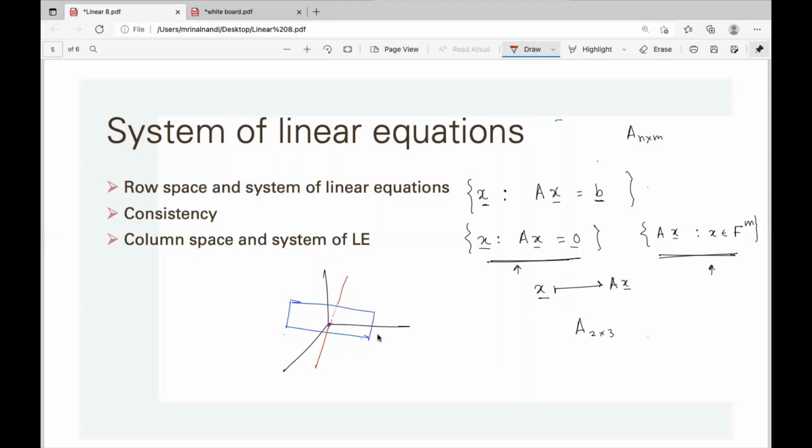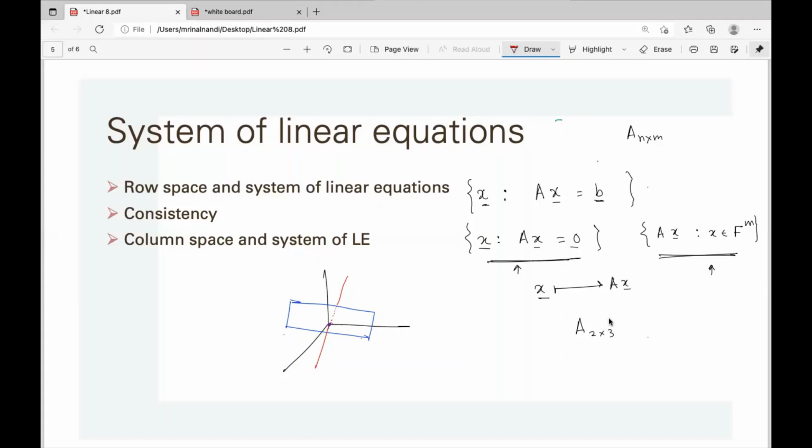This is two-dimensional, assuming that these two rows are independent. If these two rows are not independent, then the row space will be a line, and the solution space will be a plane, and these two are perpendicular.